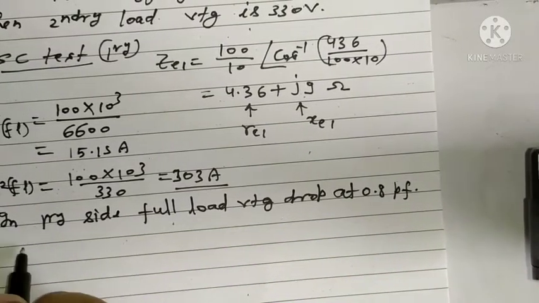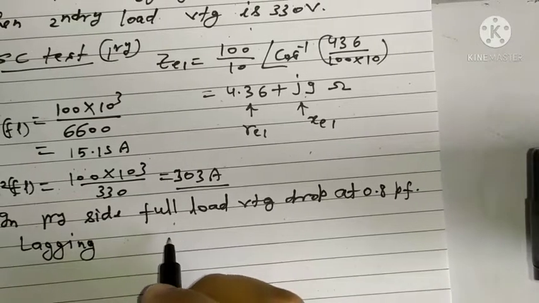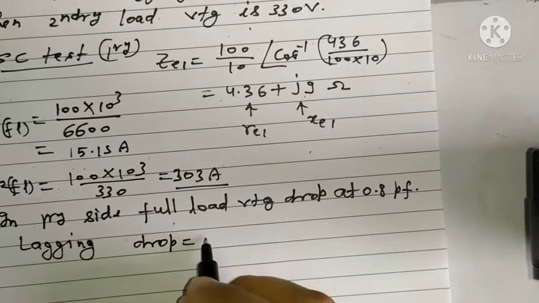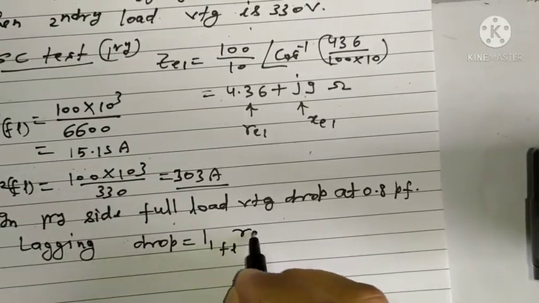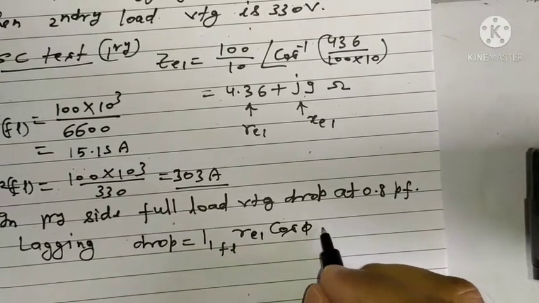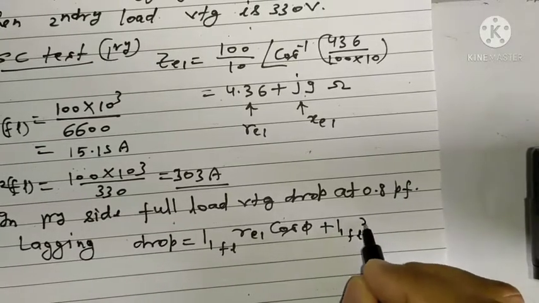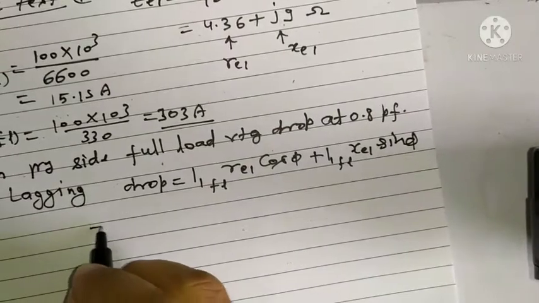First we are finding lagging, so the drop will be written as I1FL RE1 cos phi, where phi is the load power factor angle, plus I1FL XE1 sin phi. So put values.